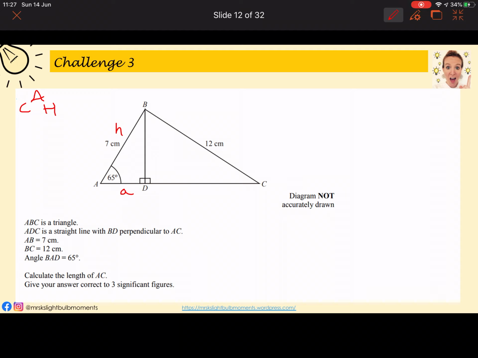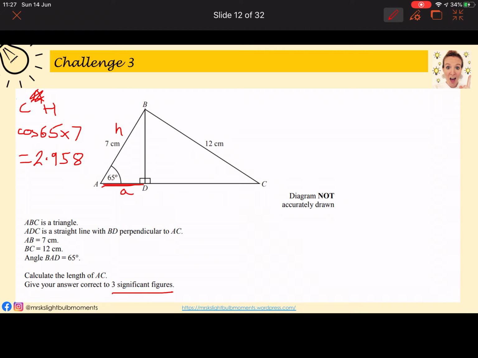I'm trying to find the adjacent, so I need to do cos theta, which is cos 65, times my hypotenuse, which is 7, and I'm going to get 2.958. I'm going to leave it like that for now, because it wants my answer to 3 significant figures at the end, so I've got 4 significant figures there for now. So I found this part.